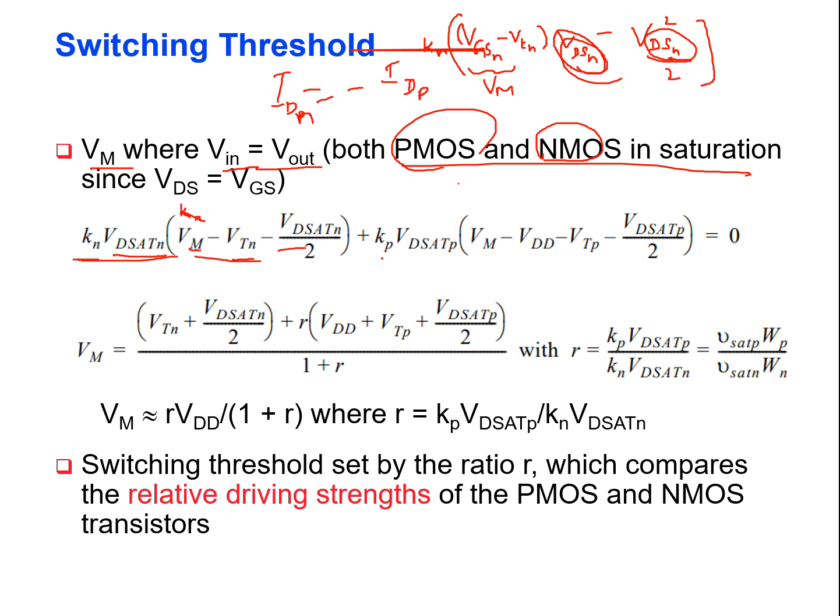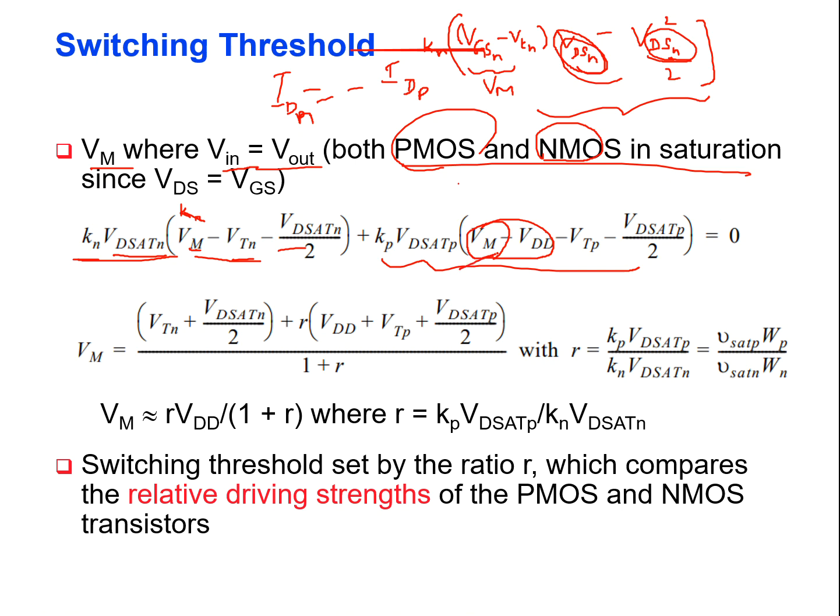So for the saturation region of operation for PMOSFET, the same equation is utilized, and we write it on the left hand side by moving IDP, hence it is plus Kp into VD saturation suffix P into Vm. For VGSP, it is also the middle voltage, hence it is Vm minus VDD for this case, because the source is of higher potential here. Hence we write it as Vm minus VDD minus VTP minus VDS saturation P by 2.